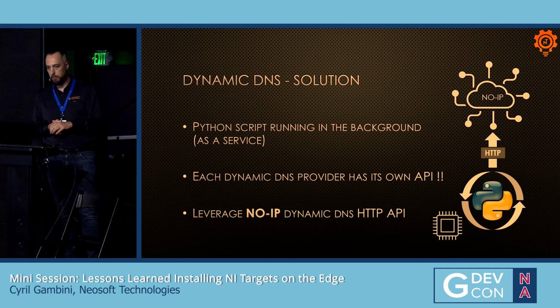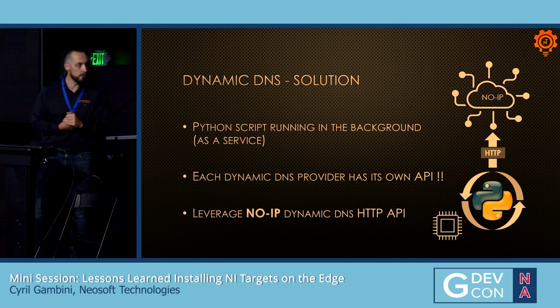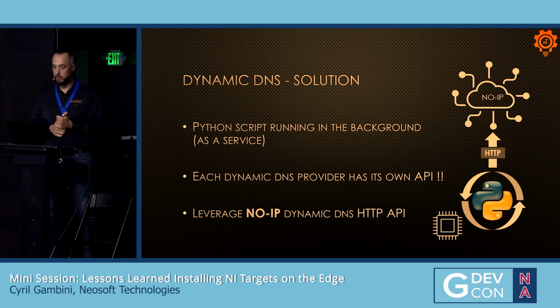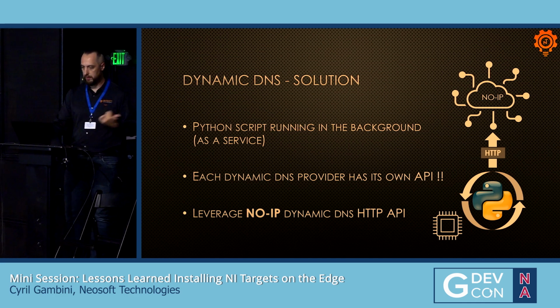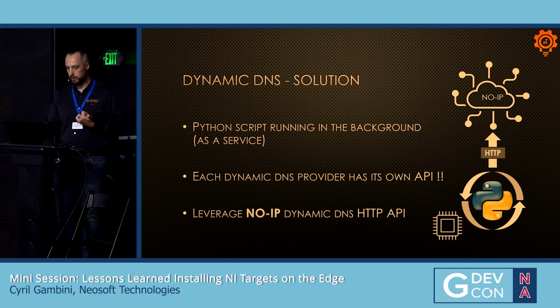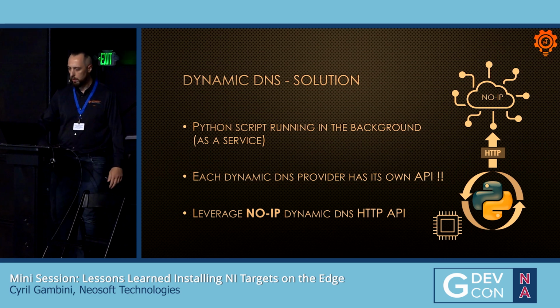All done thanks to the Python script. When you start up the target, the script starts, and it registers to NoIP, and thanks to a URL, you can now access your target. So the Python script is something that we have at Neosoft Technologies, and if you're interested, you just have to let us know.